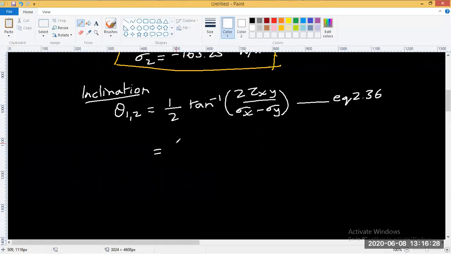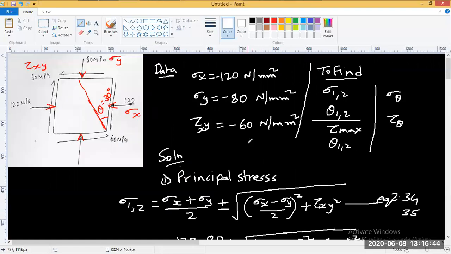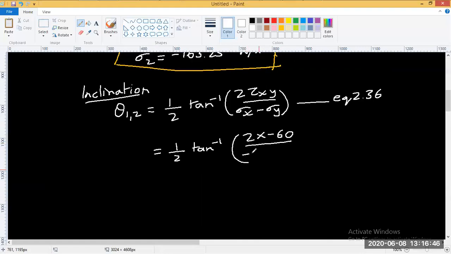This is equal to half inverse tangent function of 2 into minus 60, which is shear stress, over minus 120 and 80, right? Minus 120, again minus into minus plus 80. Yeah, that's it.